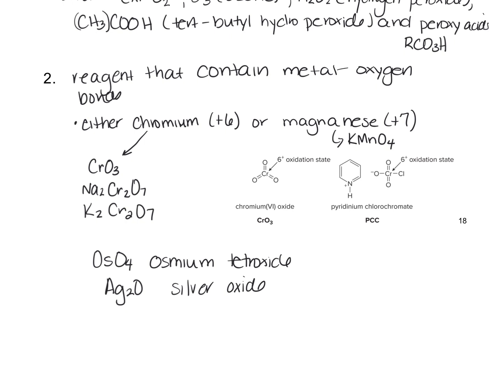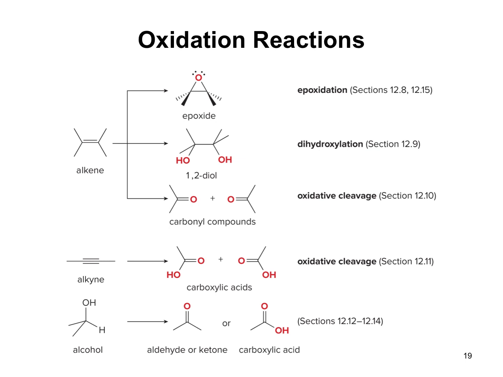Now, let's look at oxidation reactions we're going to talk about in this chapter. So far in our journey in organic chemistry, we have talked about three functional groups: alkenes, alkynes, and alcohols. And so here we're going to talk about the types of oxidation reactions that alkenes can undergo. They can undergo epoxidation to give an epoxide. They can undergo dihydroxylation to give a diol, where we have two alcohol groups.